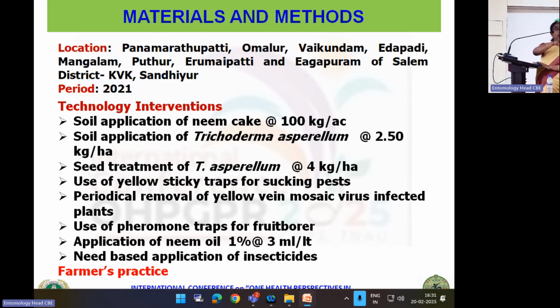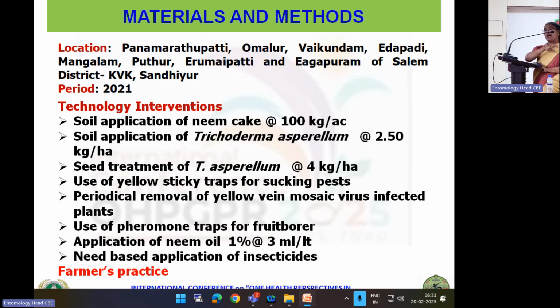So we have concentrated on the major pests and diseases prevailing in that zone, and we have imparted these packages. There is a soil application of neem cake and Trichogramma egg parasitoid for our fruit borer, seed treatment for wilt disease, lure trap and pheromone trap for monitoring the sucking pests and moths, and removal of vein clearing disease plants, which comes under our cultural practice. Application of neem cake was recommended need-based only.